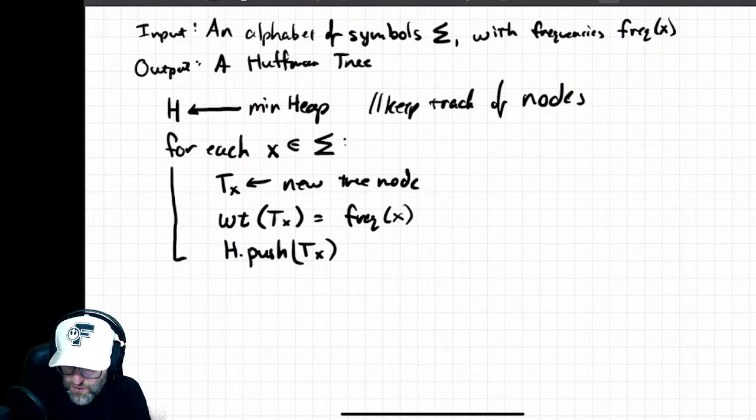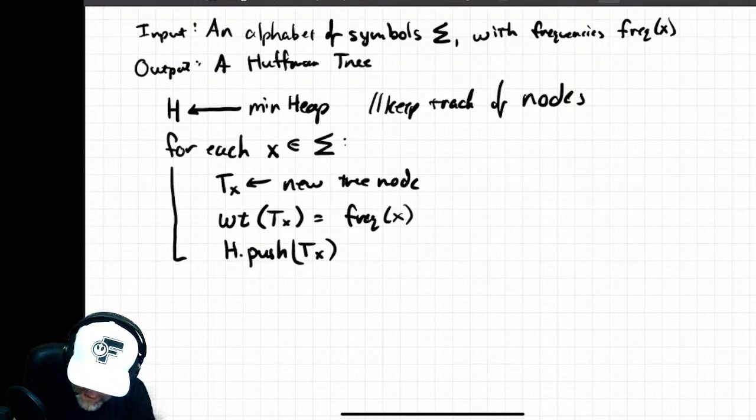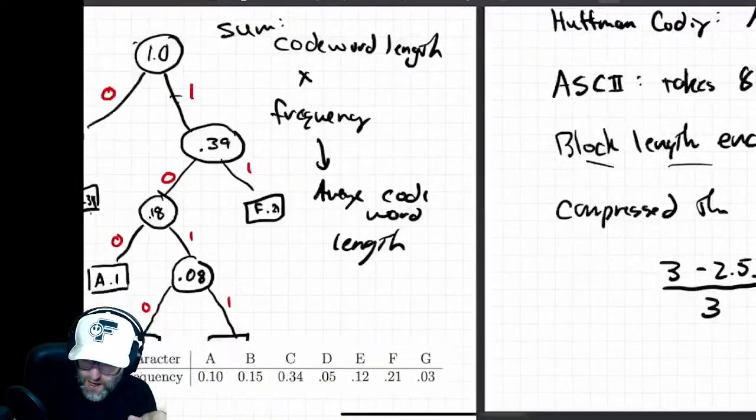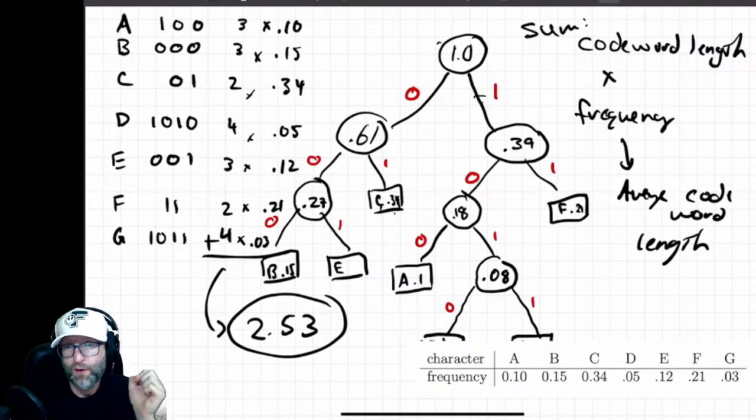Now, ultimately, this is going to be what's called a priority queue, and that's why we're calling them push and pop. I prefer calling them enqueue and dequeue, but your mileage will vary, whatever you want to call them. I'm putting something on the heap, and that's all. That's my initialization. Now, while I still have stuff in the heap. When did we stop? We stopped when we pulled everything out and we only had one single tree.